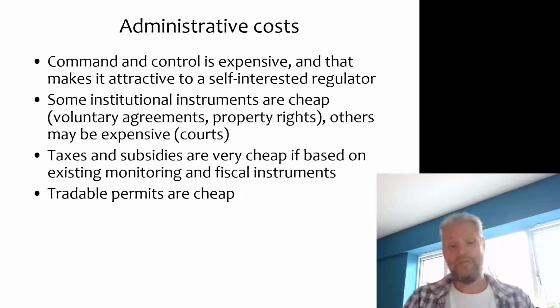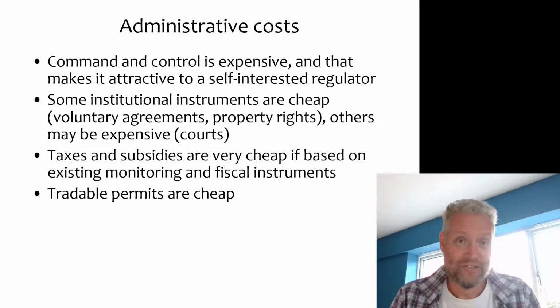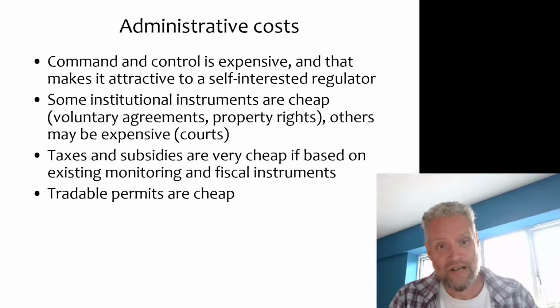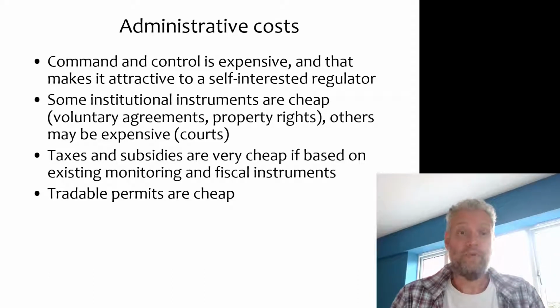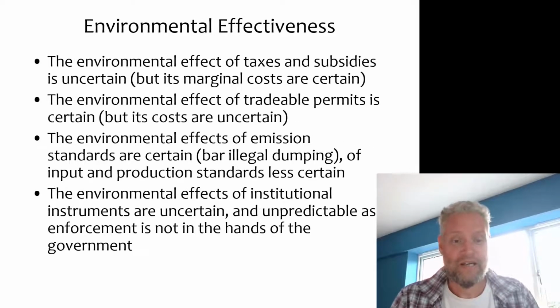Tradable permits are also relatively cheap for the government because essentially it's the cost of monitoring these things, and there is no big administrative burden placed on the government, on the regulator, provided that the monitoring is in place and that your companies are relatively well behaved.